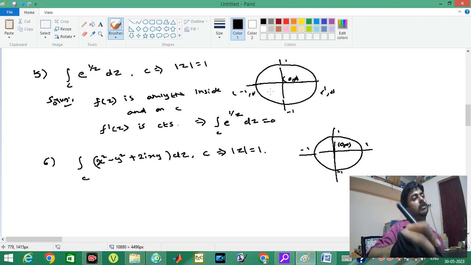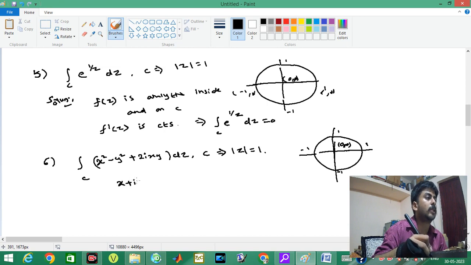Okay, whatever it is, it is the z plane. Now if I am having x square minus y square plus 2ixy, it is nothing but (x plus iy) the whole square. Am I right?